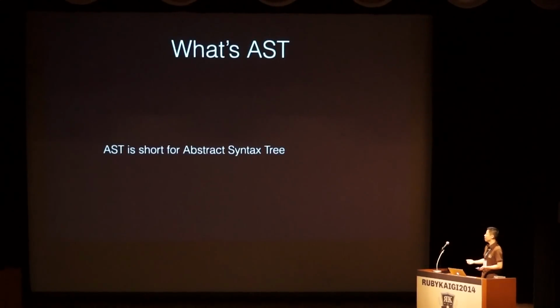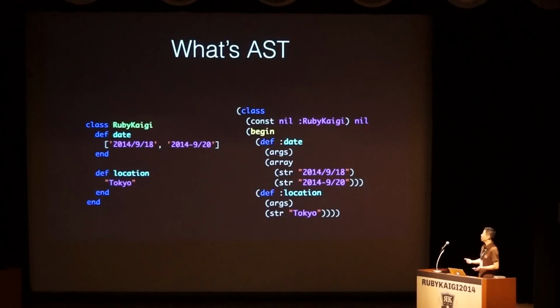So what's AST? AST is short for abstract syntax tree. This is an example. The left side is the Ruby code, and the right side is the corresponding AST node. You can see the AST node is very easy to read and understand. It says it's a class node, and the class name is the constant RubyKaigi.